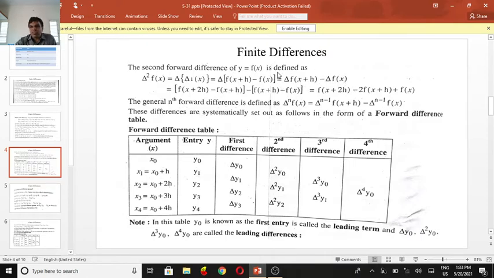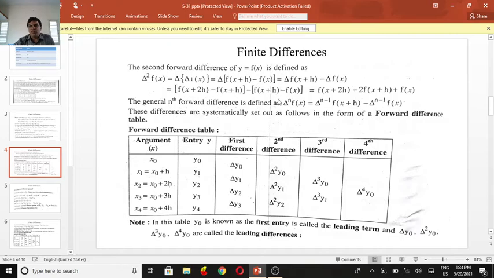Again you apply del to the first term: f of x plus 2h minus f of x plus h. We apply del to f of x plus h, so second term minus first term, like that. Then minus del f of x, which is f of x plus h minus f of x.